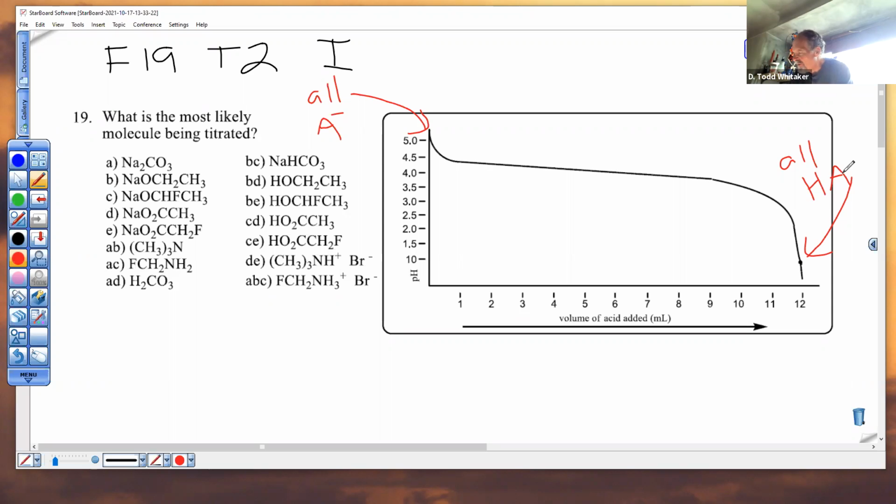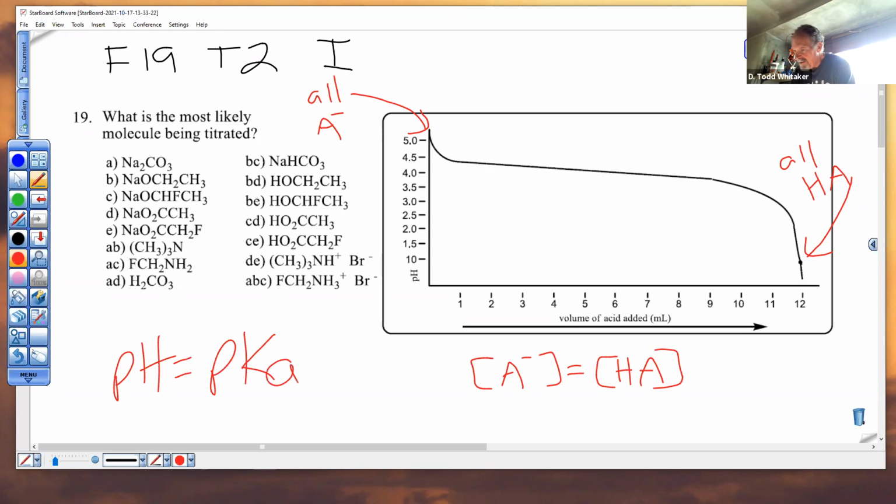That's when you have 50-50 A- and HA concentrations, because pH will equal pKa when A- equals HA, all because of the Henderson-Hasselbalch equation.